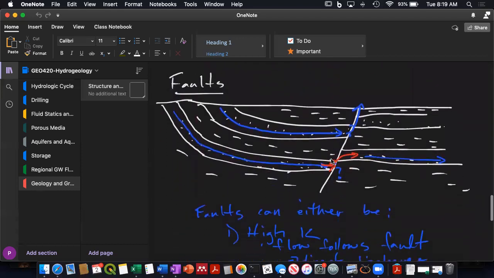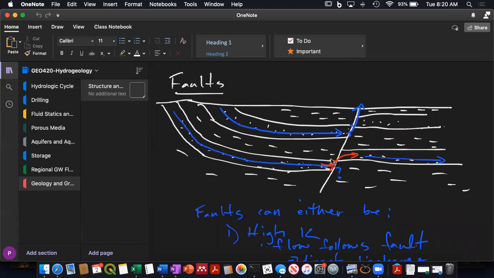Okay, and then finally we talked about faults, and faults are tricky. They cause a discontinuity in our bedding, first of all. And sometimes, depending on the fault mechanics, they can be high hydraulic conductivity or low hydraulic conductivity. And the thing that controls that, just like anything, is the degree of fines in the fault.